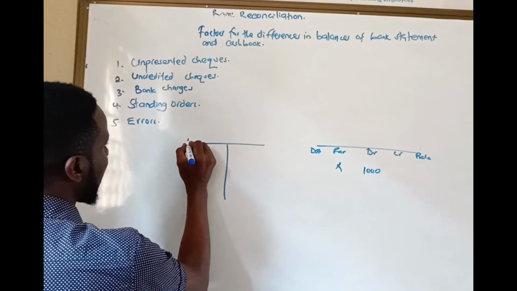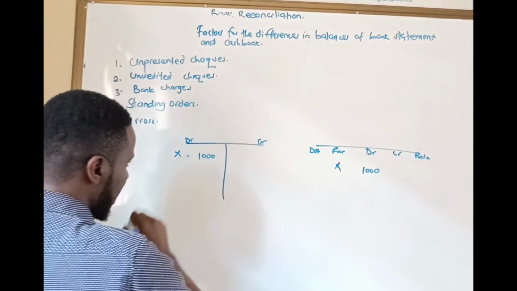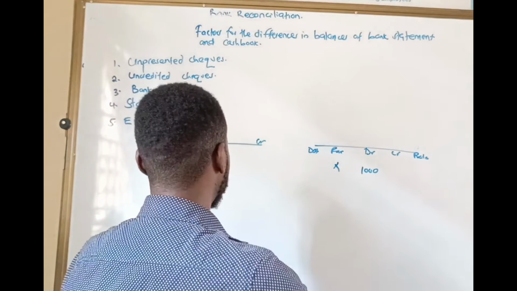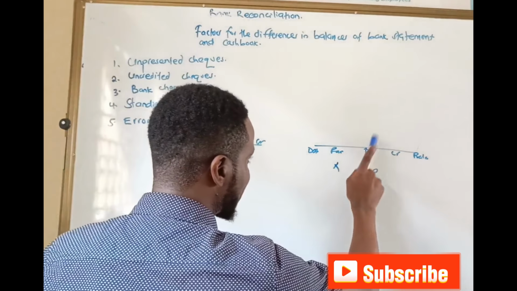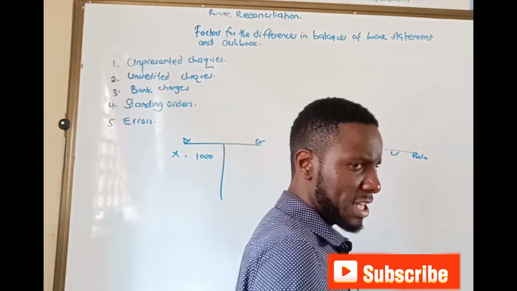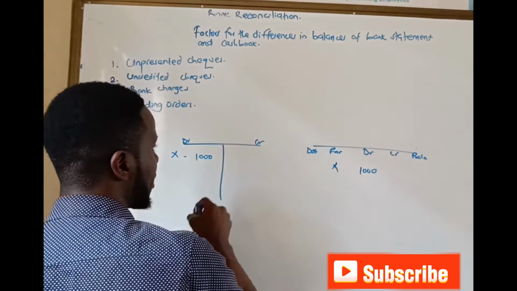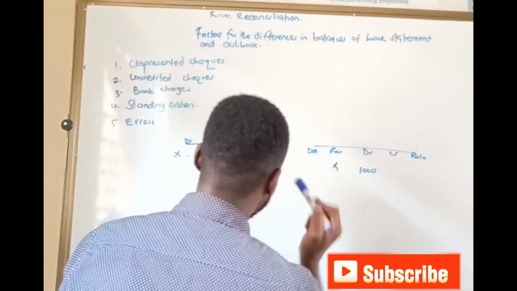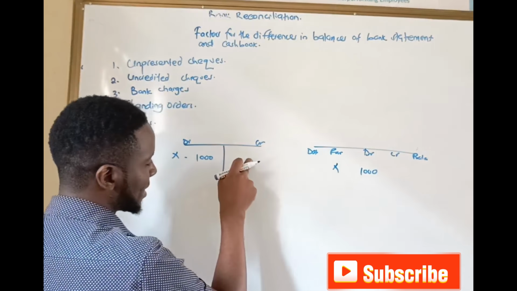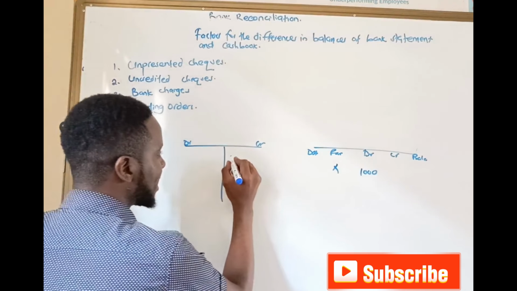And in the cash book, it is also on the debit side, 1,000. It means we made a mistake here, because what is supposed to be on the debit side in the bank statement should be on the credit side in the cash book. Meaning, when it comes here, we are supposed to find the X this side. So, when we prepare our adjusted cash book, we shall get this X.